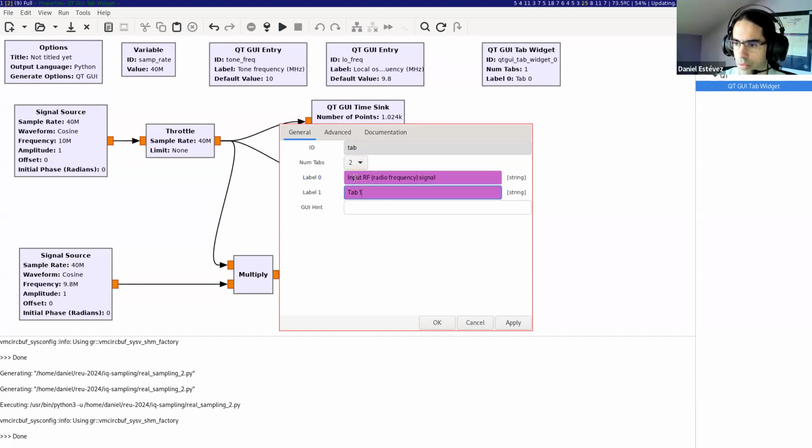And one is going to be for the input RF, which means radio frequency signal. And the other one is going to be for something which is called intermediate frequency. If you see the term IF when talking about radios, that means intermediate frequency.